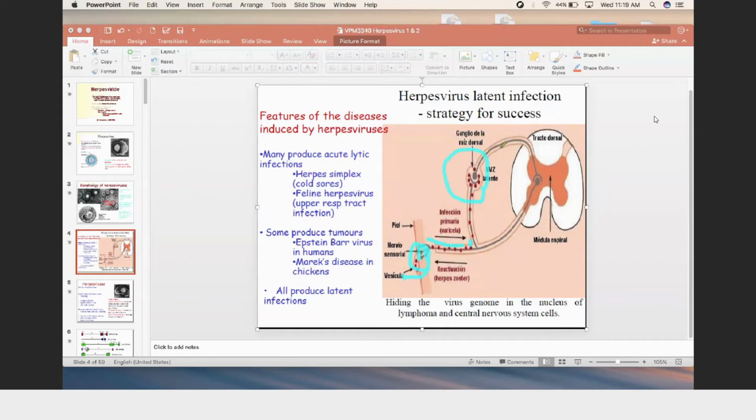Trigeminal is the nerve and ganglia. In the ganglia, they become latent. They don't produce any virus particles. They only exist in the form of nucleic acid in the infected cells. For how many years? Until the immune response of the host breaks down, then the same disease will appear again.